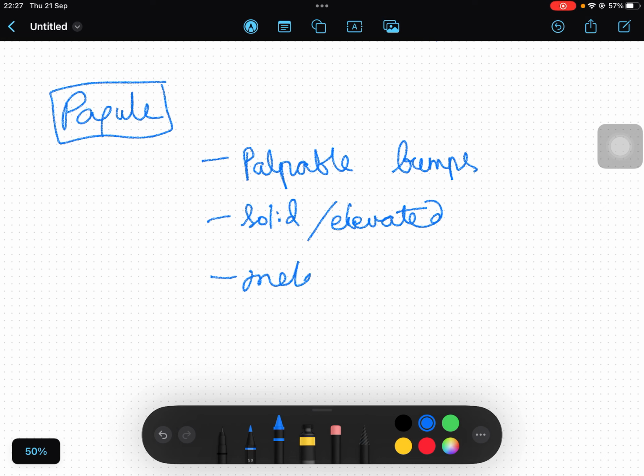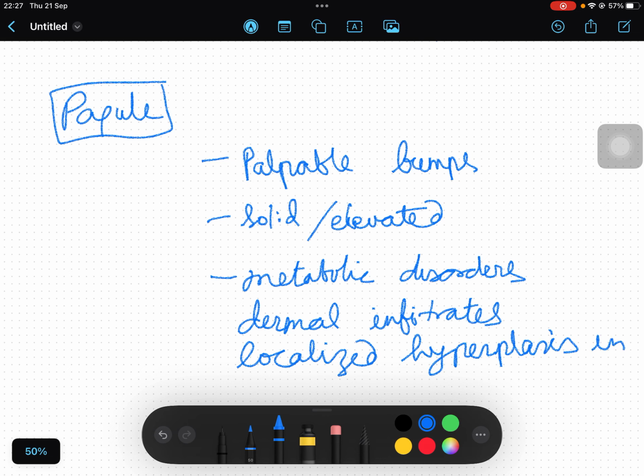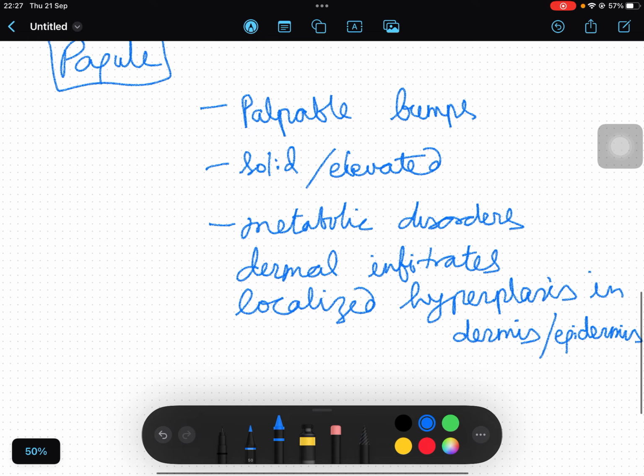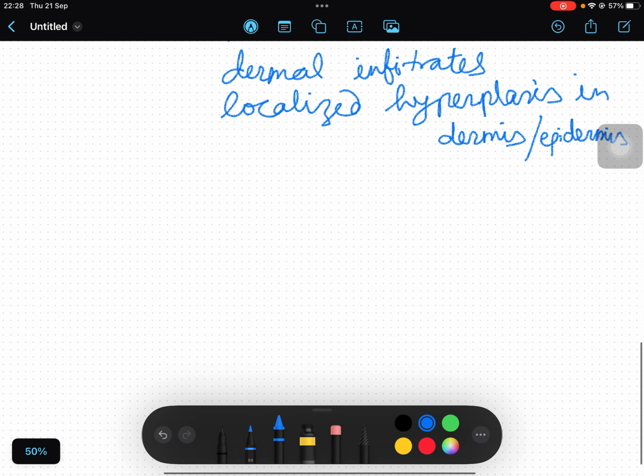They may be as a result of metabolic deposits or dermal infiltrates or localized cellular hyperplasia in the dermis or epidermis.